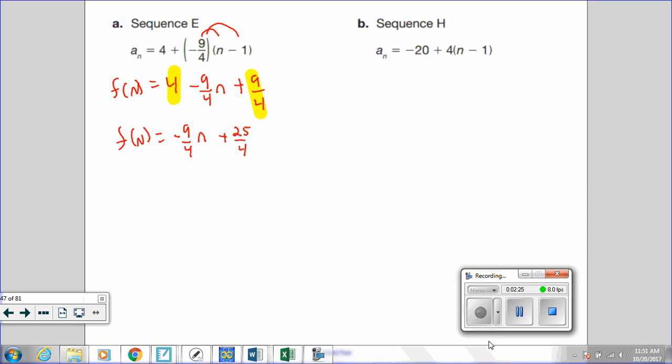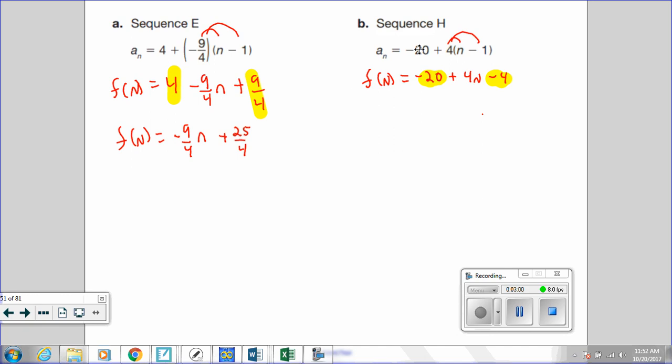On this example, we're going to follow the same steps. The first step is to change this a sub n to f of n. The next step is you want to distribute the 4, or the d, to each term in the parentheses. So you'll have 4 times n, which will be 4n, and 4 times negative 1, which would be negative 4.